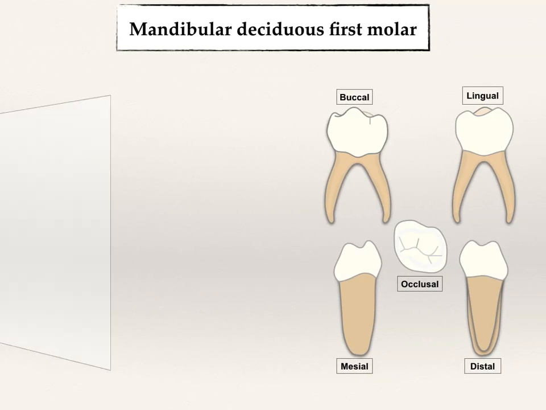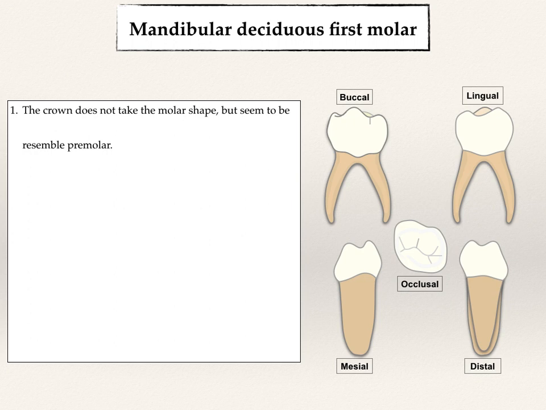Mandibular deciduous first molar. As with the maxillary deciduous first molar, the crown does not take the molar shape, but seems to resemble a premolar. The crown does not have a definite cusp form.